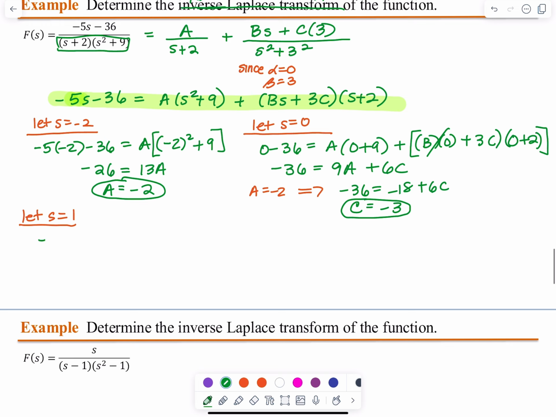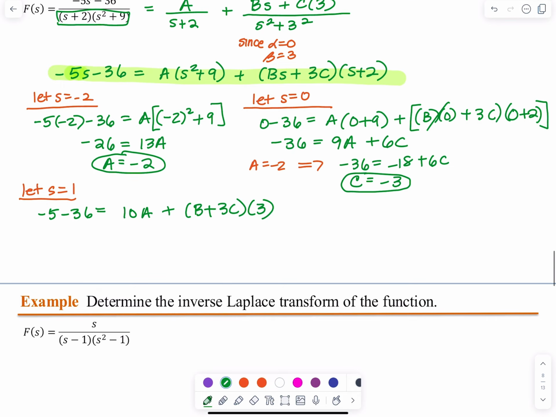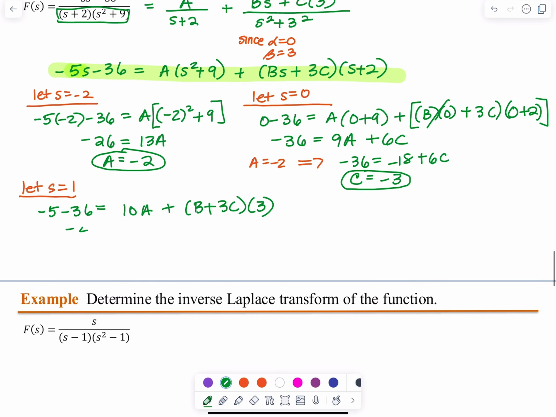So we have negative 5 minus 36 is equal to a times 10 plus, and let's just write 10a. So it makes it really easy. Plus b plus 3c multiplied by 3. So we have a negative 41 equals 10a plus 3b plus 9c.